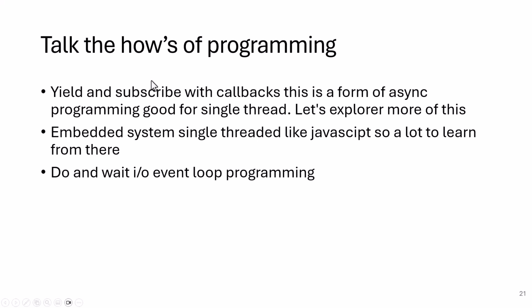Subscribe sets what functions the user wants called back, and yield waits for those to occur. This is actually pretty similar to JavaScript, because most embedded systems are single core, and Tock is single threaded. So one can learn a lot from there, and we'll see some asynchronous code that could be familiar in the JavaScript world.